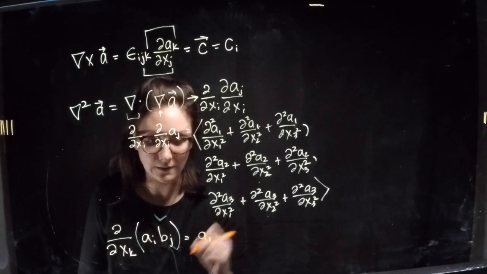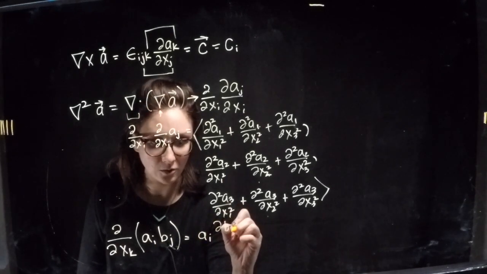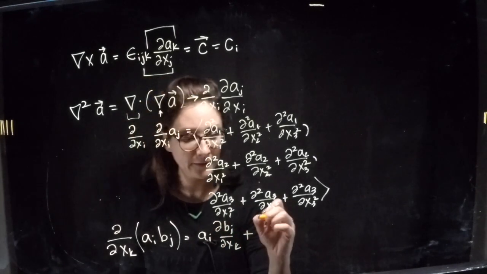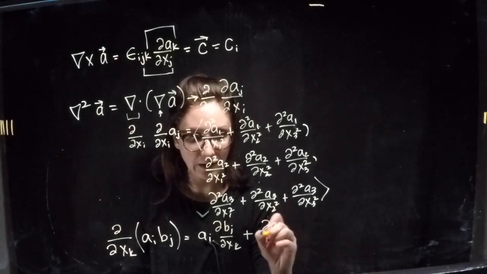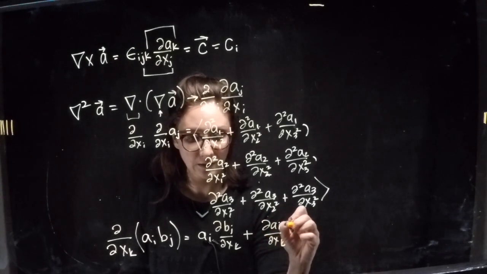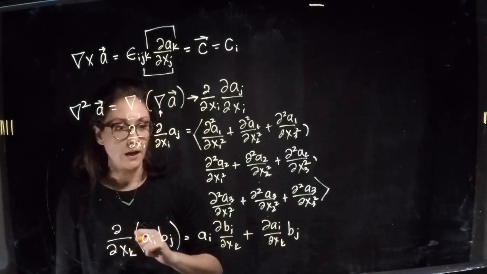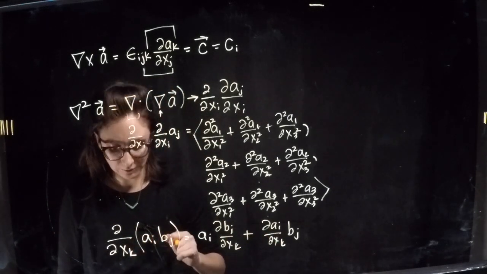So I can write this as ai partial bj partial xk plus partial ai partial xk times bj, right? That's just the product rule. That's a handy one to have.